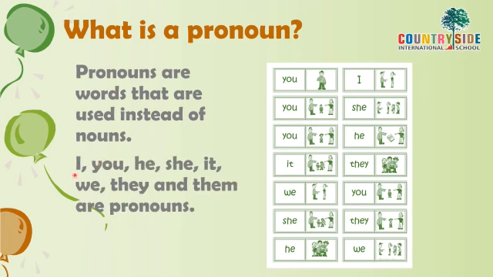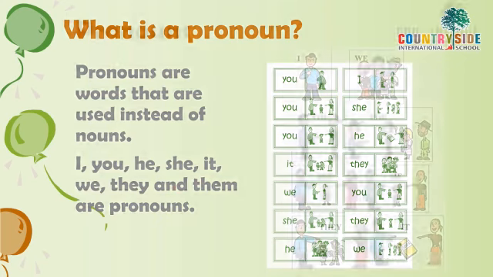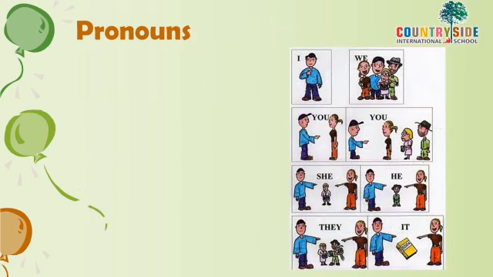Now, what are the pronouns? I, you, he, she, it, we, they and them are the pronouns. These are the pronouns which we can use in place of nouns. Let's see how these pronouns are used.